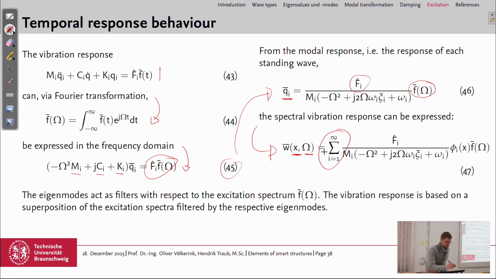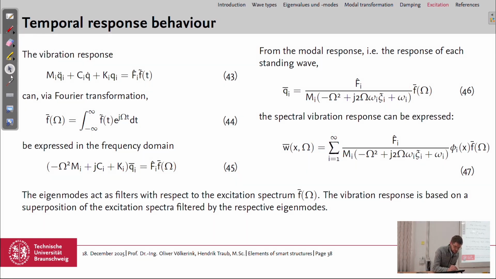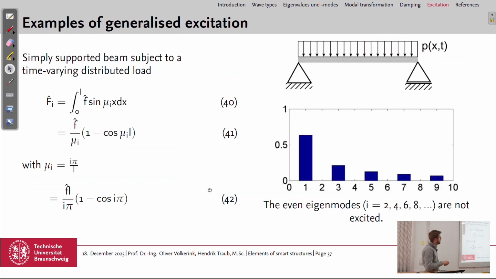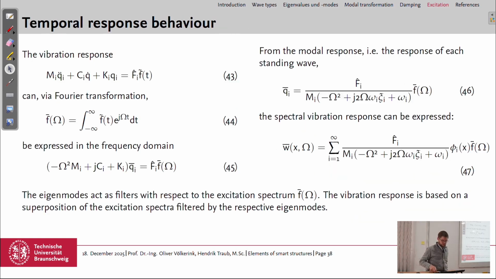But as you might have seen on the slide before, the influence of the higher eigenmodes decays, so we don't have to look at an infinite number of eigenmodes, but just at, let's say, the first eigenmodes which really have an impact on the vibration behavior of the overall beam.